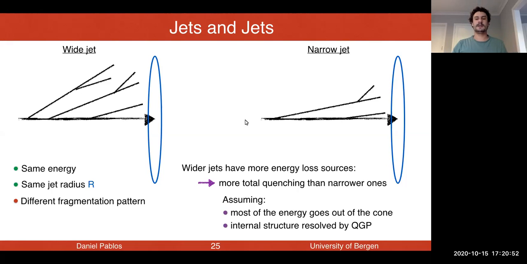You might ask, how separated do two color charges need to be in the plasma to behave as independent objects that radiate or lose energy in the plasma?